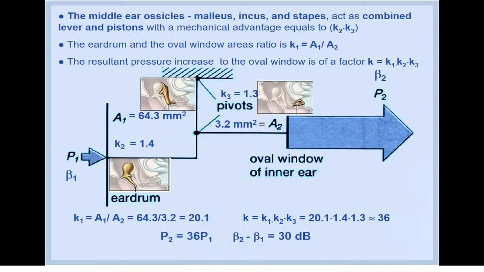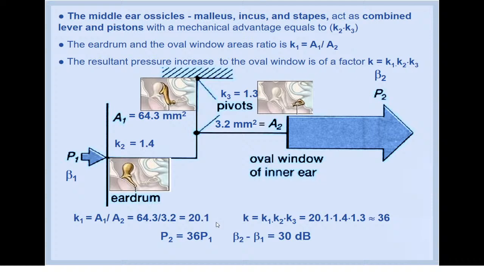So the middle ear ossicles act as a combination of lever and pistons, with a mechanical advantage equal to this product of the coefficients. What should be mentioned else is that the eardrum and the oval window areas ratio is around, look, 20.